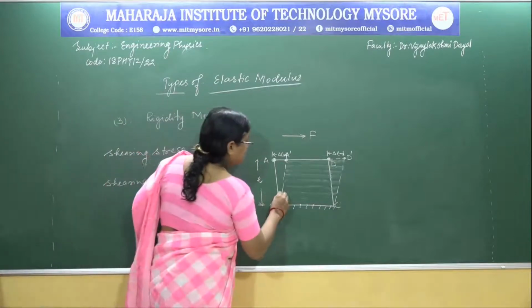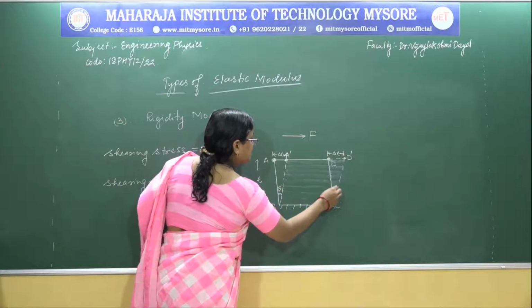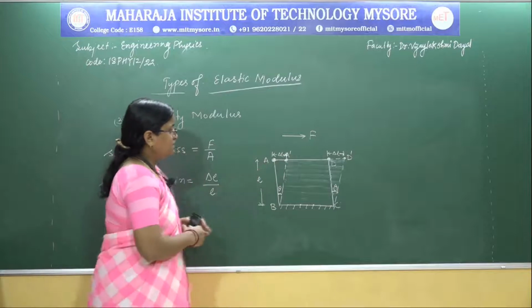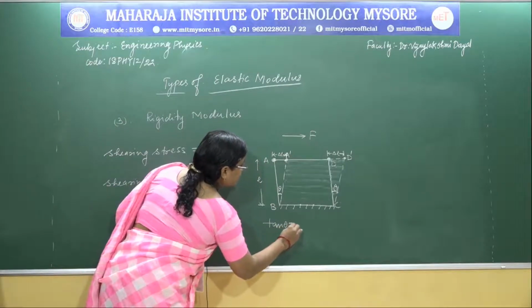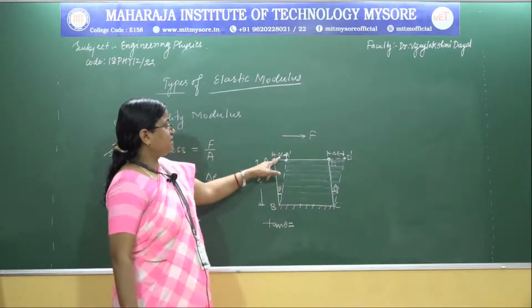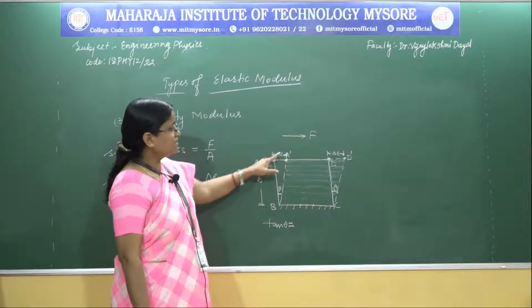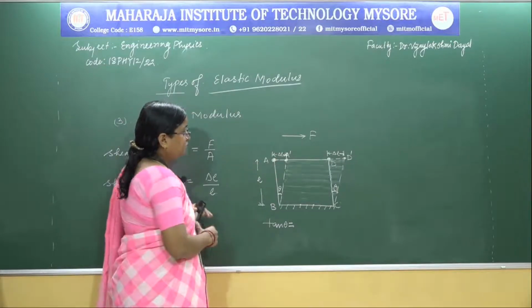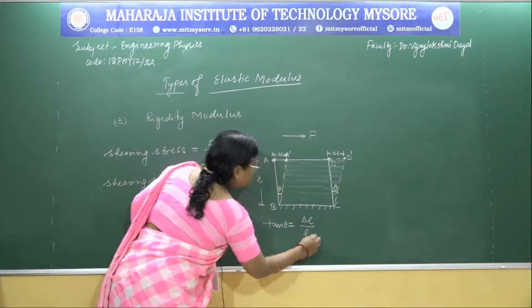Here we consider the angle by which the change has occurred as theta. If we take the tan theta value, it will give the relation between delta L and L, the change in length and the original length.